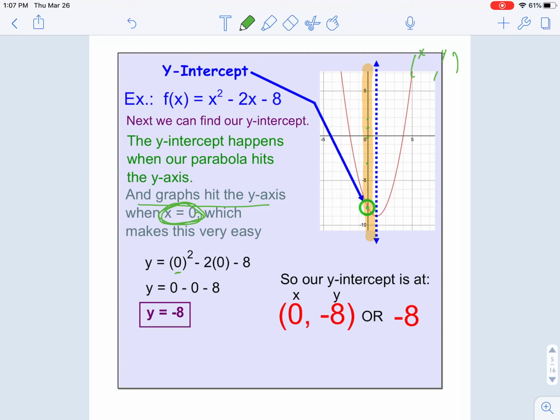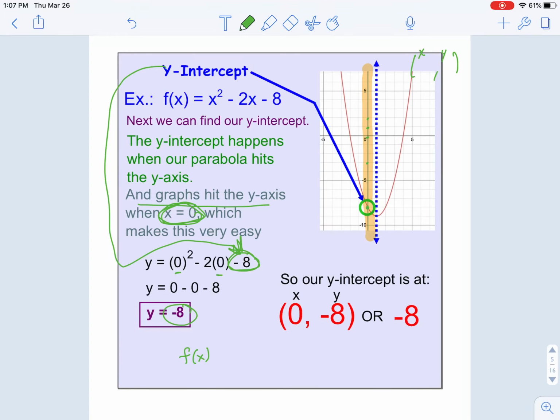So take my equation again, plug in 0 for x: 0 squared minus 2 times 0 minus 8, and we get negative 8. Well, there's a shortcut. We don't even need to think through that whole process. It is just c. Our y-intercept is always just that number that's hanging out at the end without an x. Don't be fooled.